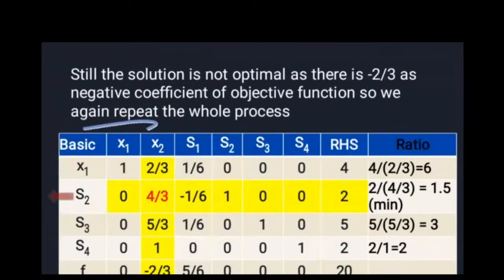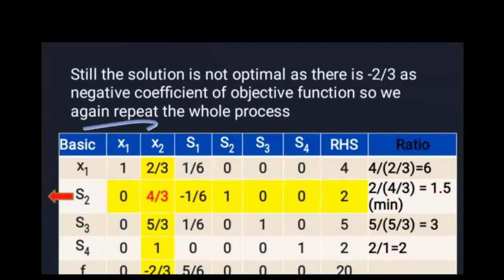Now the new S3 row is equal to the old row minus the coefficient of the pivot column multiplied by the new pivot row. After calculating, we get the new S3 row: 0, 5 by 3, 1 by 6, 0, 1, 0, 5.